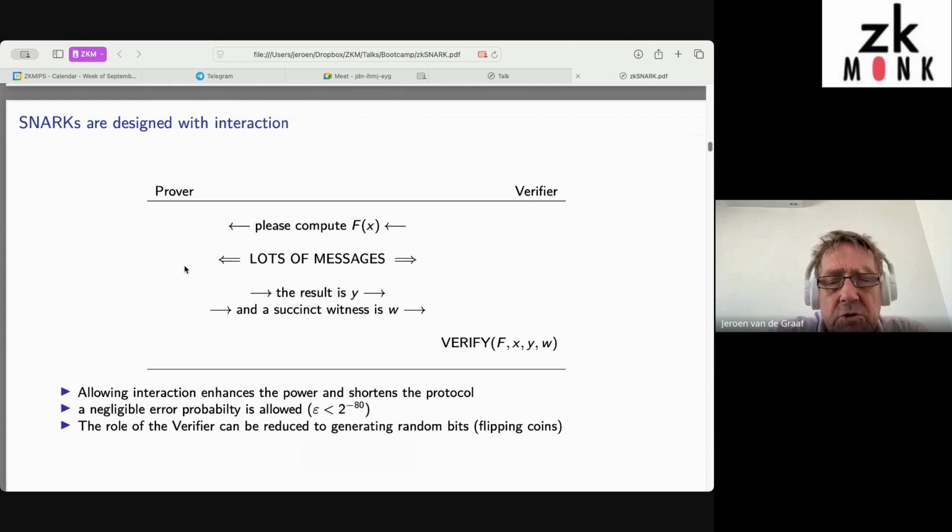It's sometimes called tossing a coin or flipping a coin, an informal way of saying generating random bits. This is very interesting, very powerful. These are important results that were proven 30 years ago, part of it in the famous paper by Goldwasser, Micali, and Rackoff on zero knowledge.